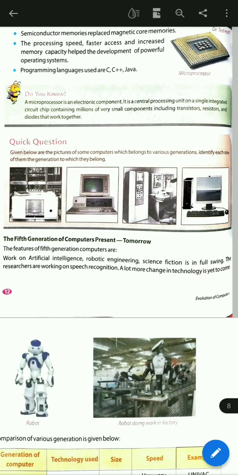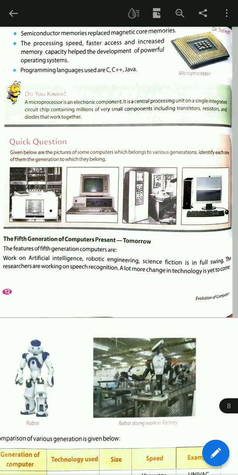So students, now we will learn about the fifth generation of computers, present to tomorrow, means from the current period of time to the coming period of time. The features of fifth generation computers are work on artificial intelligence, robotic engineering, and science fiction is in full swing.